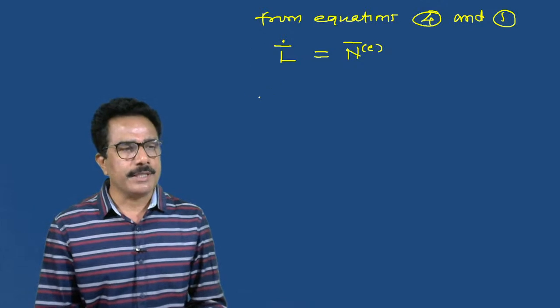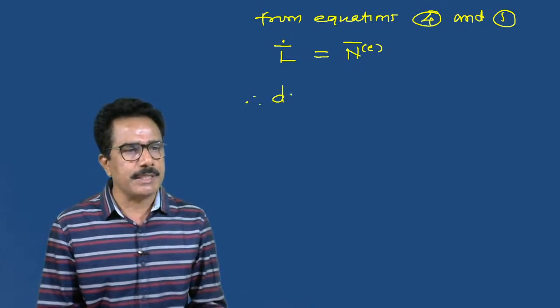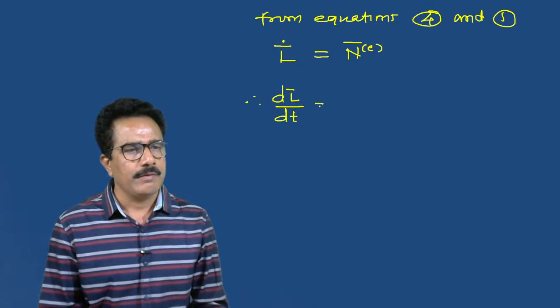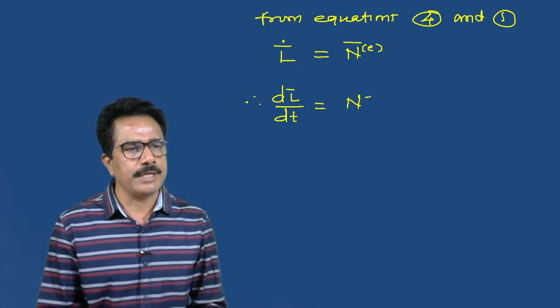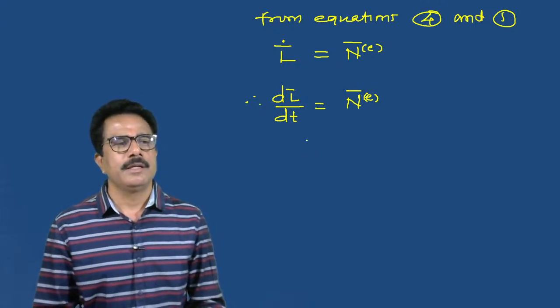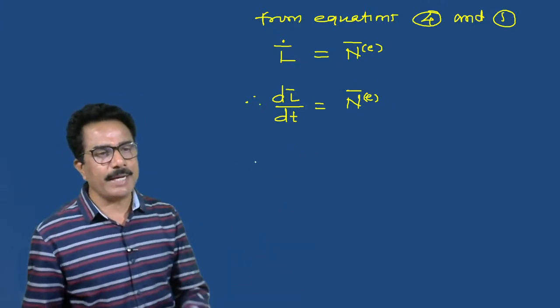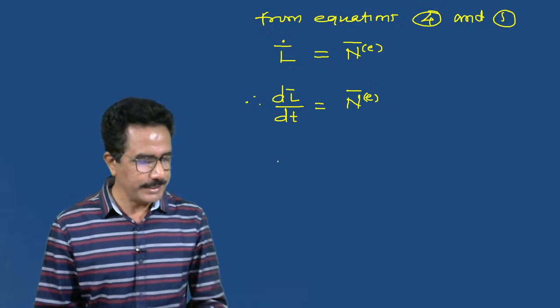So this can be written as dL bar by dt, which is equal to N_e bar. L bar dot means dL by dt, that is N_e bar.